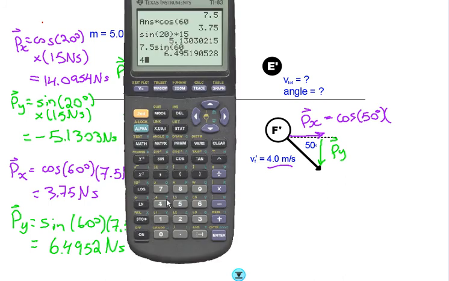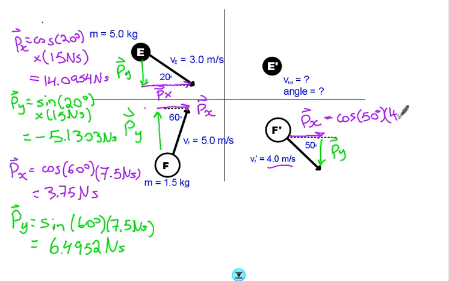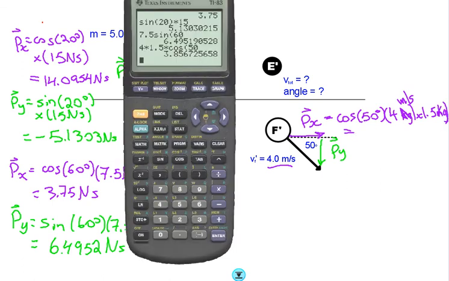So 4 times 1.5 times cosine of 50. So that panned out to positive 3.8567.